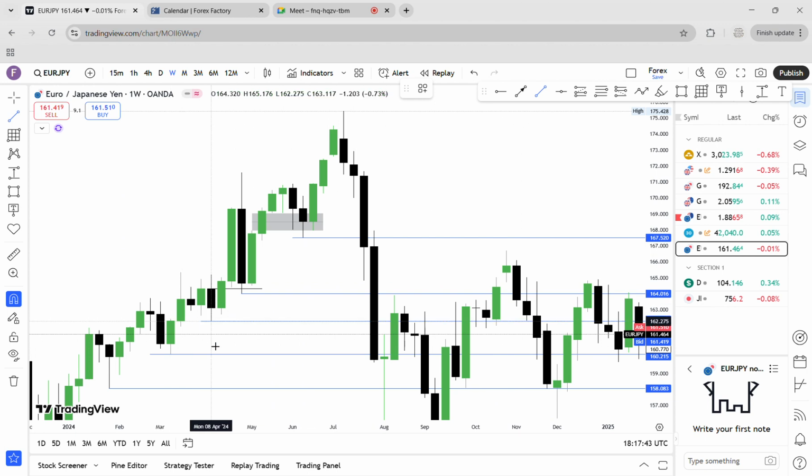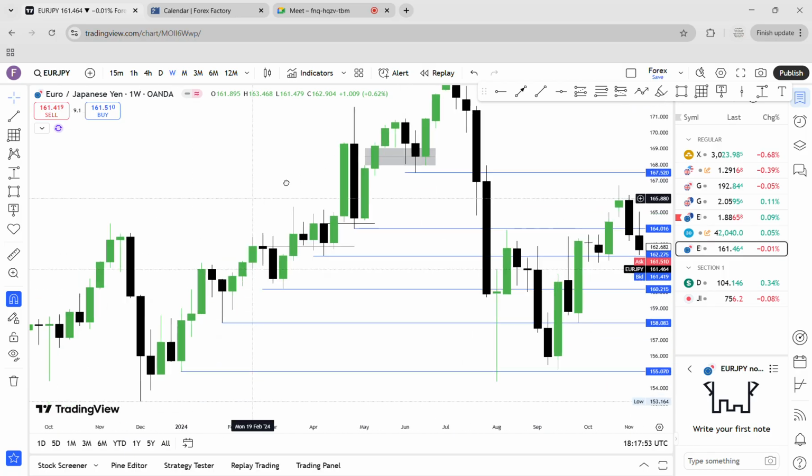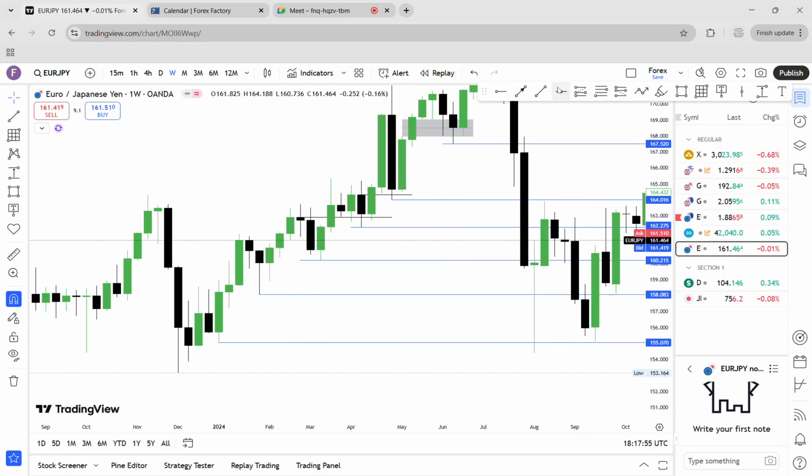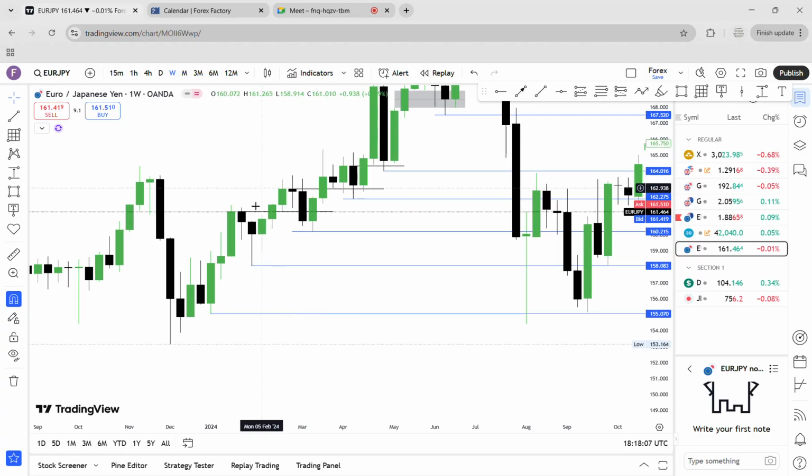Right here, is there any inefficiency? No. So whether you mark all this candle or from here, you use that to push price higher. Again, balance. Here we have a little bit of inefficiency, but this whole candle covers this inefficiency, which is very good. And like this, we move price higher.